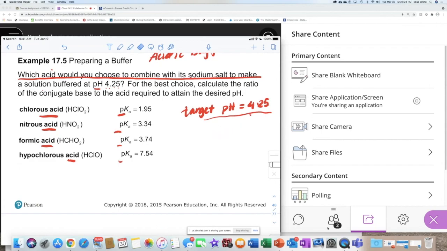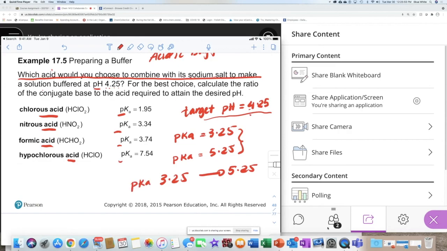So the lowest pKa that will work is 4.25 minus 1, which is 3.25. The highest pKa that will work is 5.25. So anything between 3.25 and 5.25, according to what was said above, will work.